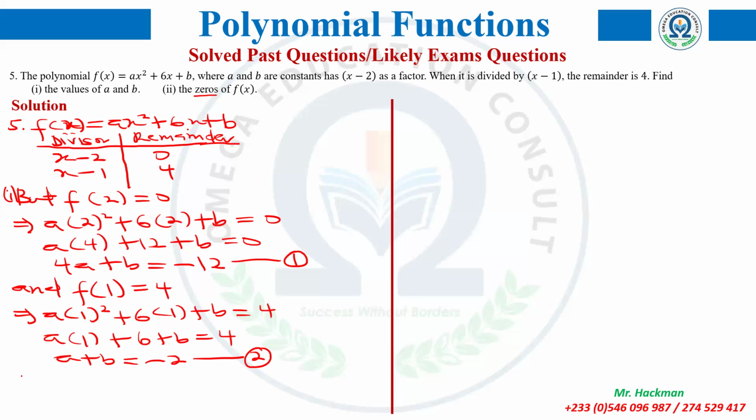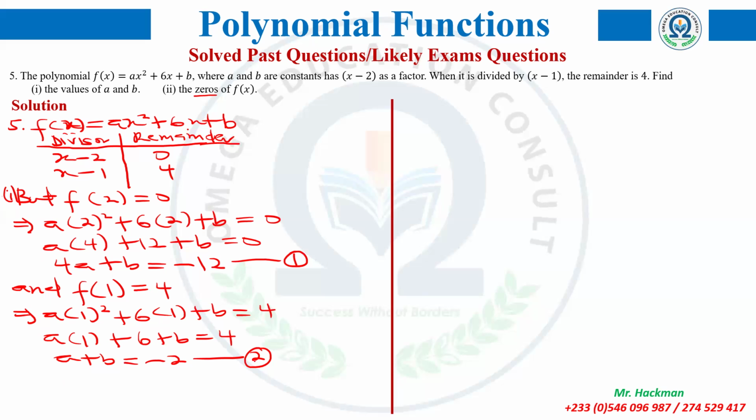I want to eliminate b, but the signs are the same, so in order to eliminate, I have to subtract. However, when you are eliminating b and you are subtracting, because you want your final result to be in a, go for the equation with the bigger a, so that when you subtract, you get a positive number and you don't divide by negative.